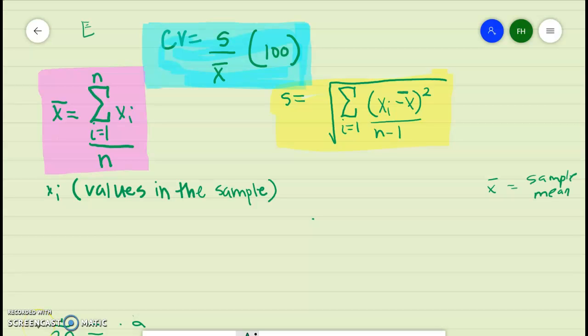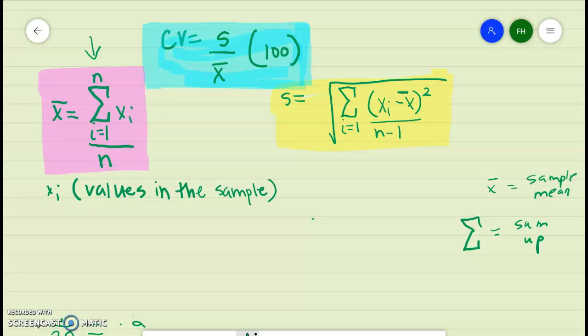So let's look at our formula here. You see it looks like a little E. It's a symbol called sigma. So whenever you see the sigma notation, and you can write it as an E if you want to, it means to sum up.